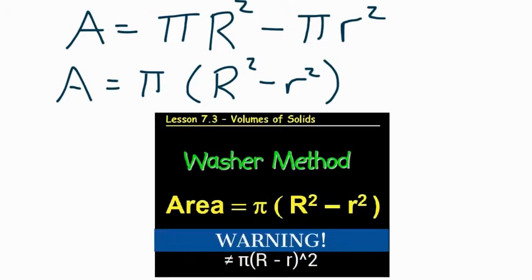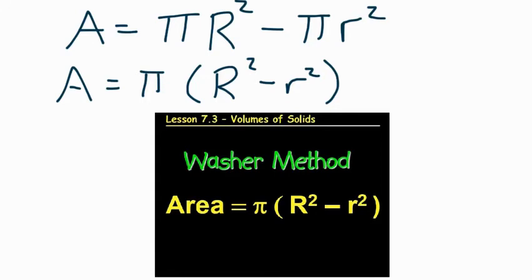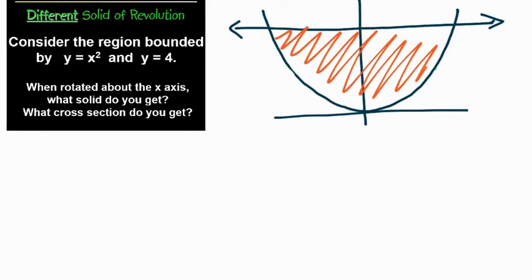Now, how do we know that we're going to need to use the washer method? How do we know that we're going to need to subtract out that inside circle? Well, if you go back to this problem that we were focusing on, the answer is actually quite simple. When you have your axis of revolution and the region that you're rotating is not fully in contact, that is, you have this region in here that is hollow, then you're going to have an extra radius.